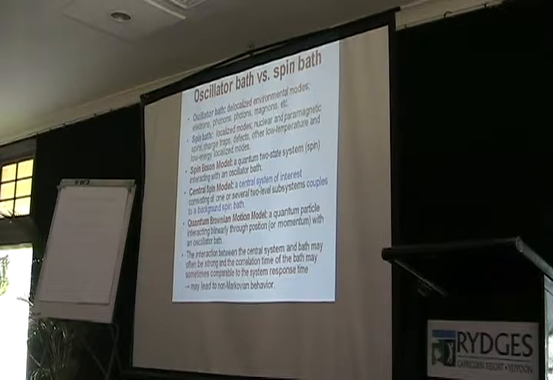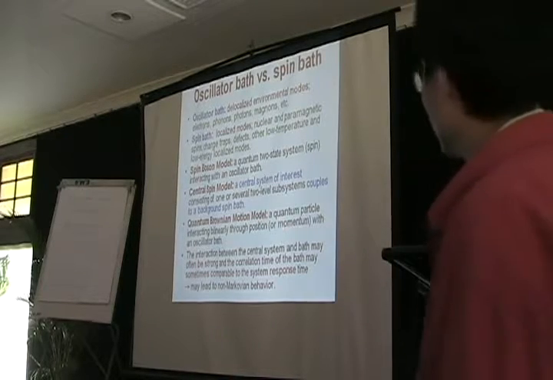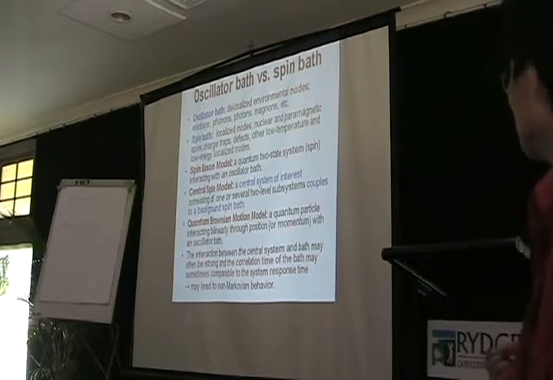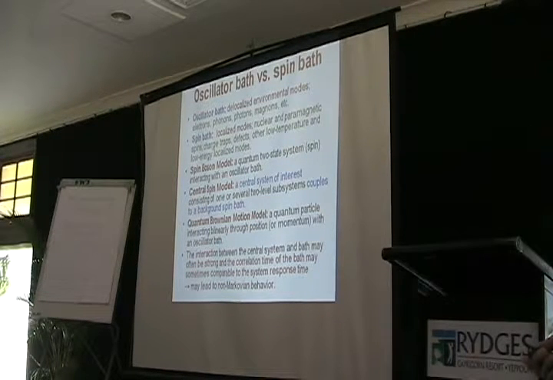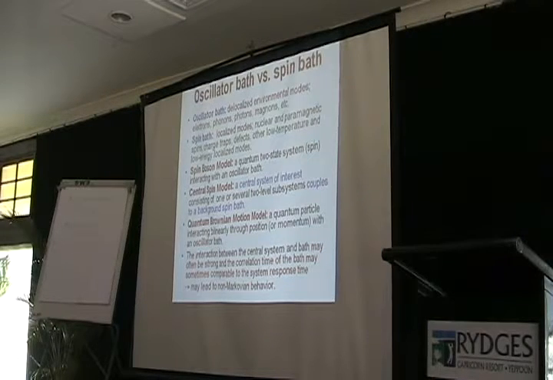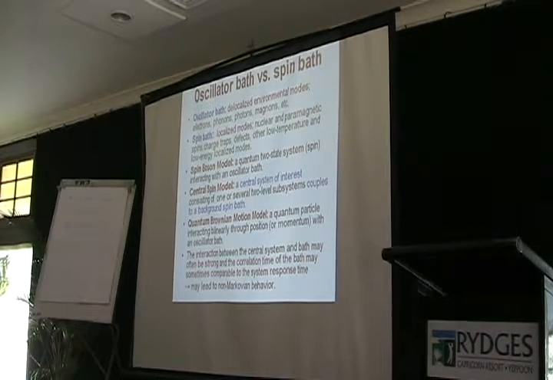The quantum Brownian motion model is also a popular model to study decoherence. It is a quantum particle interacting through position or momentum with an oscillator bath. But usually the interaction between the central system and the bath may be strong, and the correlation time of the bath may sometimes be comparable to the system response time. When this happens, we need to consider non-Markovian behavior.